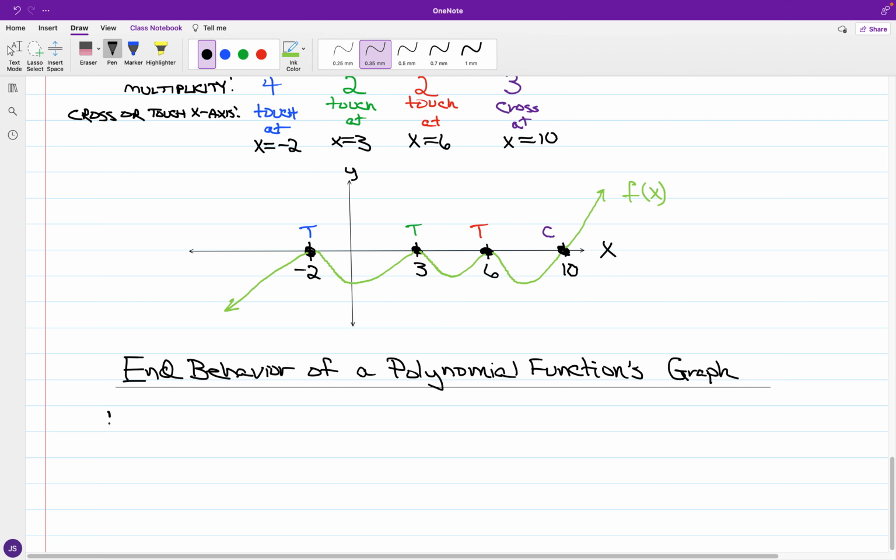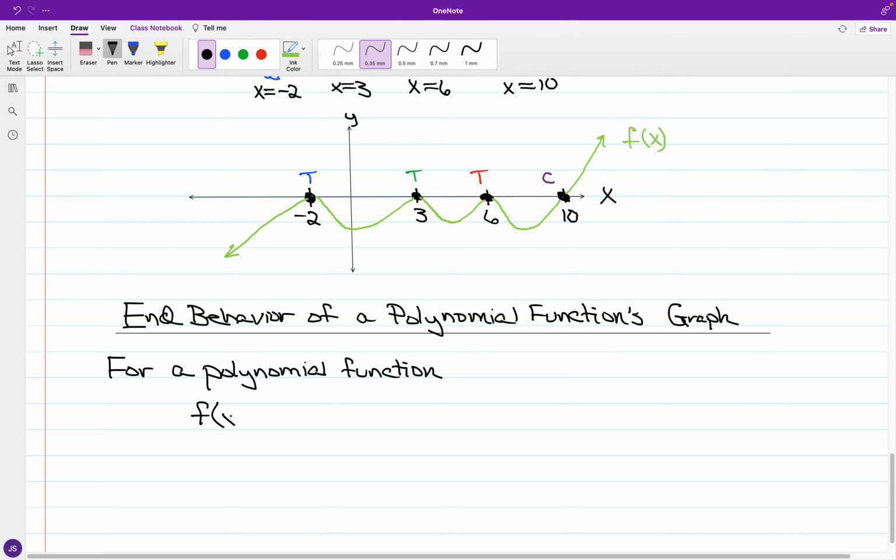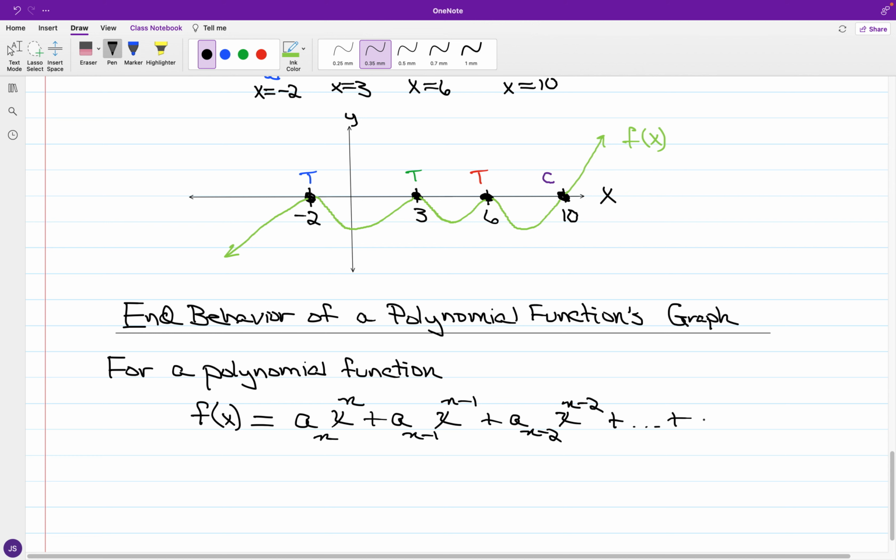Let's say that for a polynomial function, you have f of x equals a of n times x to the n, plus a of n minus 1 times x to the n minus 1, going all the way down to a naught.